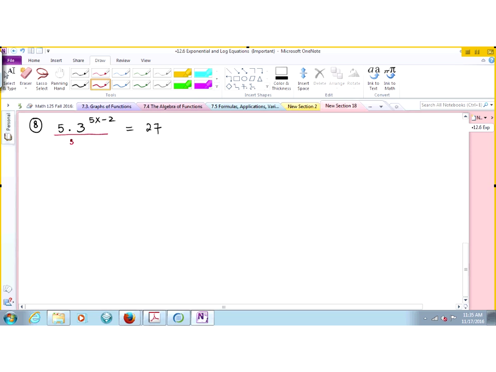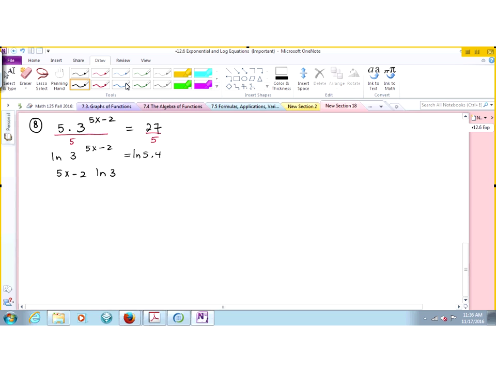All right, so let's do it. What do you do? Divide by 5. So we have 3 to the 5x minus 2. What is 27 divided by 5? Yes, 5.4. Good. Now, what do you think we'll do? ln both sides? Yes. So then, bring down the exponent. What do we have? 5x minus 2 ln 3.